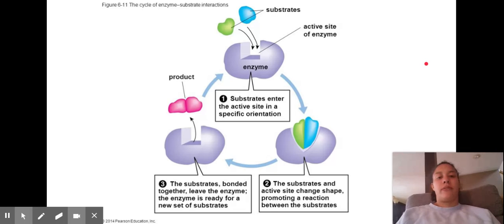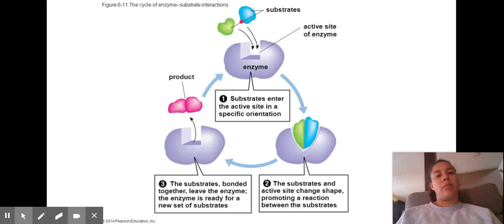There are a couple different types. Like I said, there's lock and key, where there's a perfect shape for every substrate, and there's something called induced fit. So we can see that this is a square, rectangular shape, and up here we have some globular substrates.